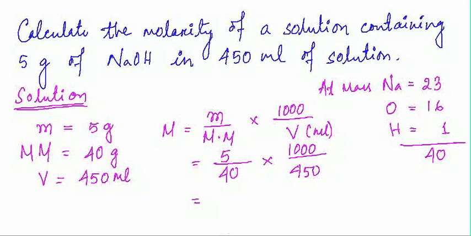Now if you do the calculations, then we finally get the molarity is equal to 0.278, and we generally write it like this. So the molarity of the solution, which is produced by dissolving 5 grams of sodium hydroxide in 450 ml of the solution, is 0.278 molar.